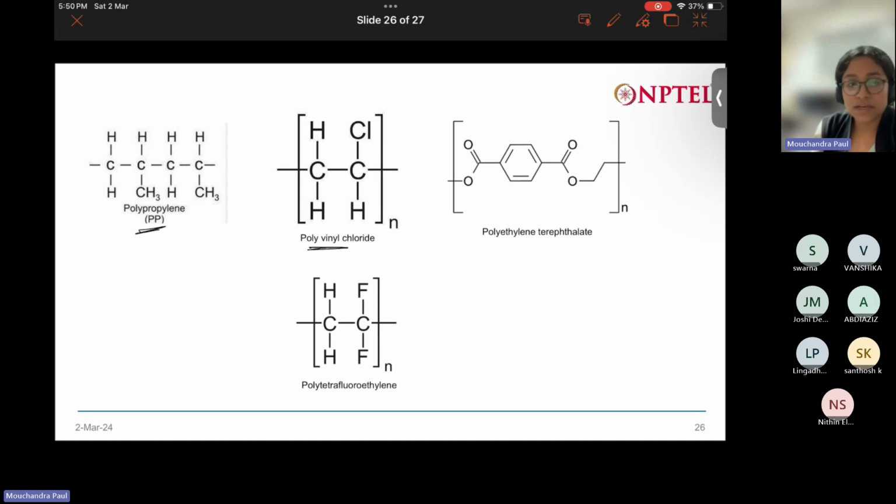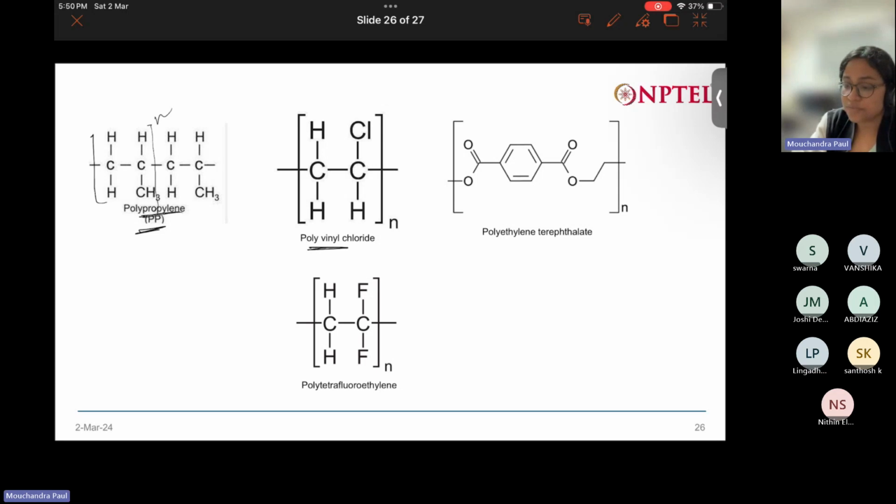Polypropylene, as the name suggests, is from propylene. Propylene means one carbon is bonded to two more carbons. So this particular unit is basically one n.